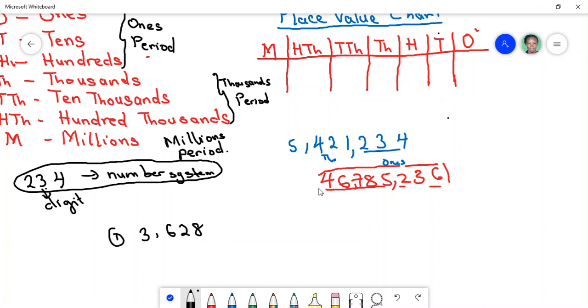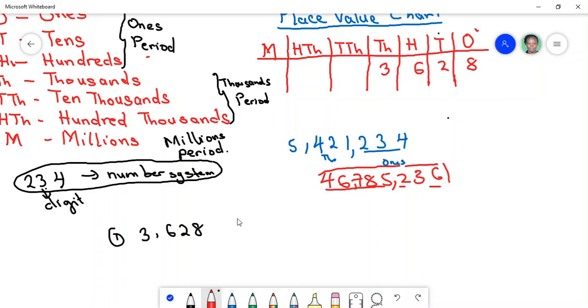If I ask you to find the place of 8, how do you find the place of 8? We can use the place value chart to do that. From the left, we have 8, then 2, 6, and 3.